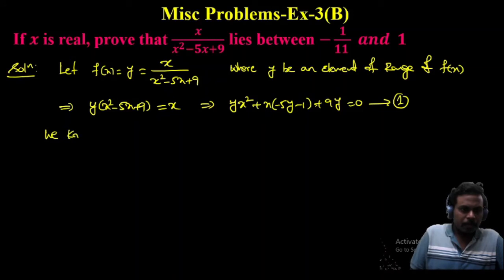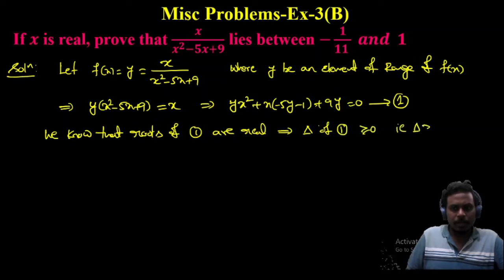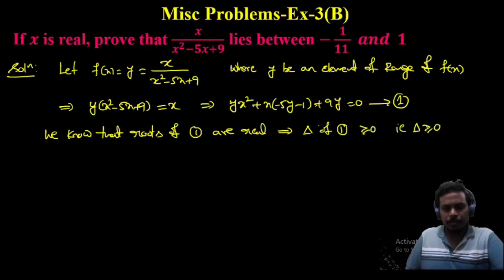We know that roots of equation 1 are real, implies discriminant of 1 is greater than or equal to 0, that is discriminant is greater than or equal to 0.